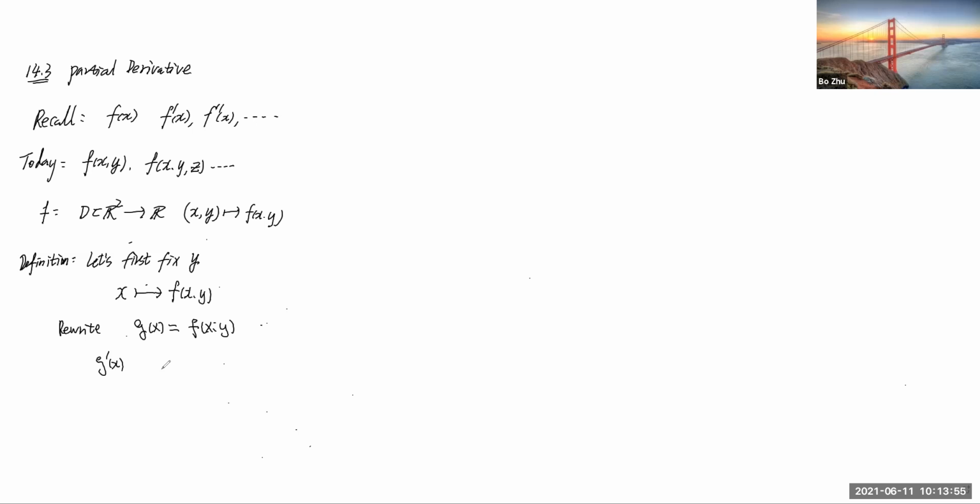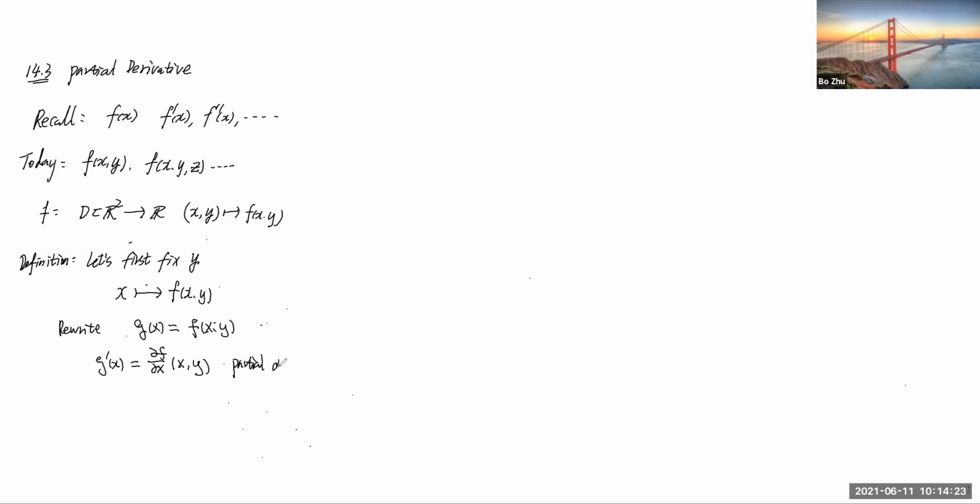Every time you fix the number and then you do this process. So we compute the derivative of g(x), right? And this is defined as f partial x of (x, y). So this is called the partial derivative.